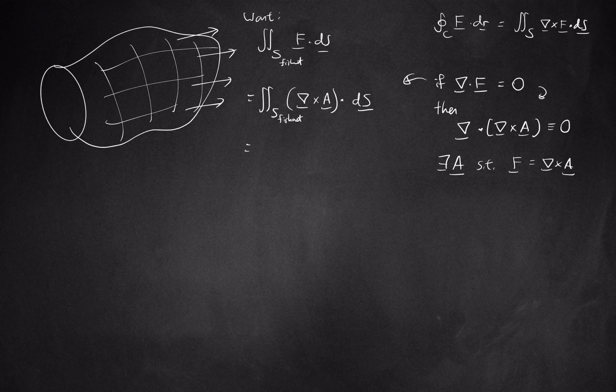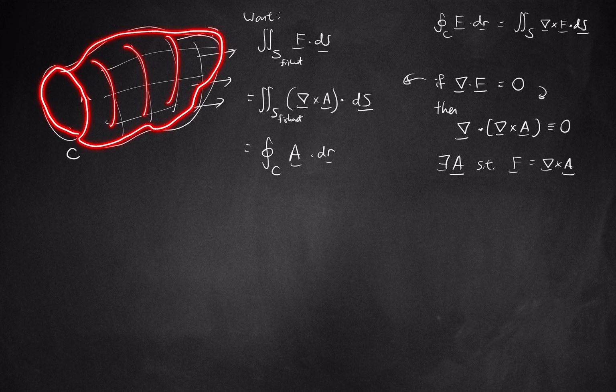Now I can use the Stokes theorem and write it as the integral over C of A dot dr. Okay, so what that means is I am now calculating the effect of A around this opening over here, because this is the boundary of this surface, right? If you have a fishnet, where's the boundary, right?